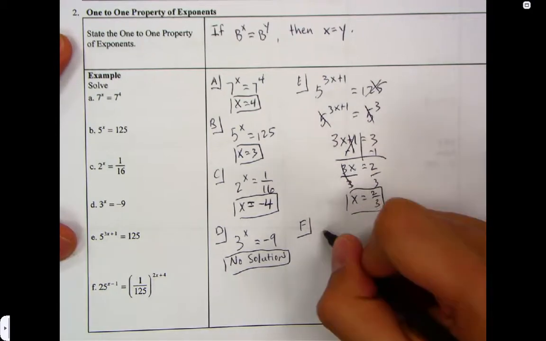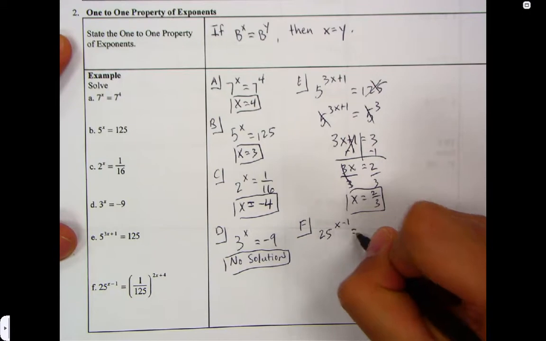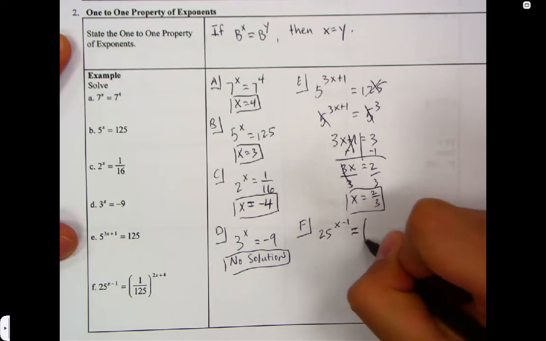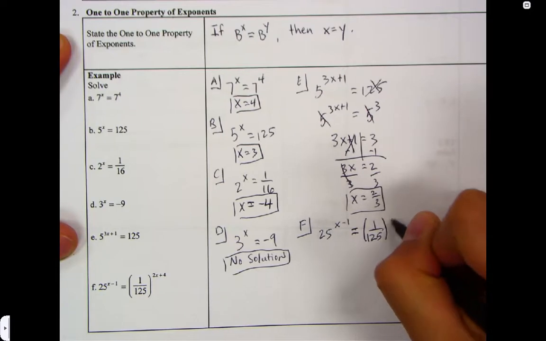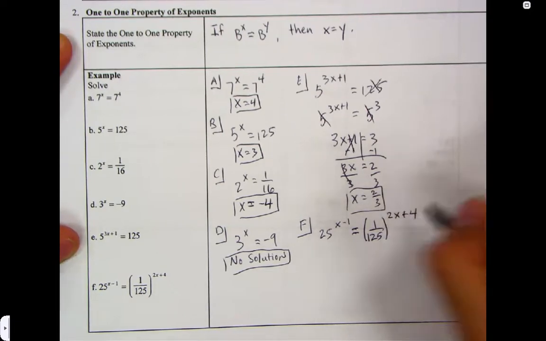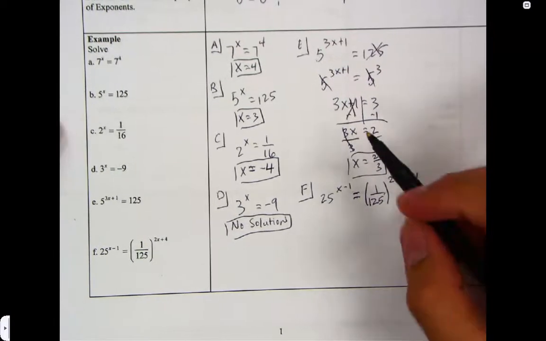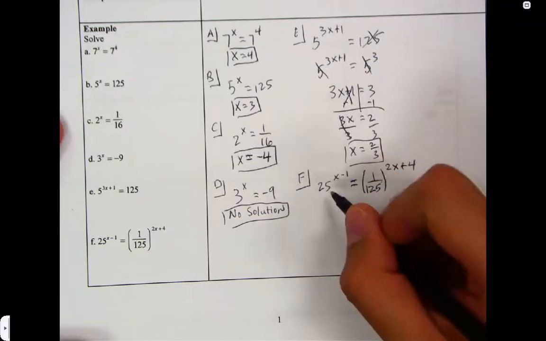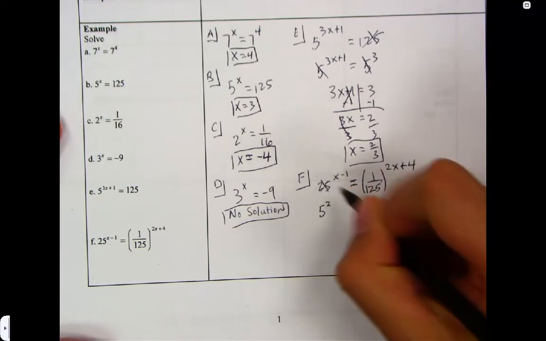F, 25 to the x minus 1 power equals 1 over 125 to the 2x plus 4. Now right here I'm trying to get the bases the same, so I'm going to change to a base of 5. 25 turns into 5 squared.